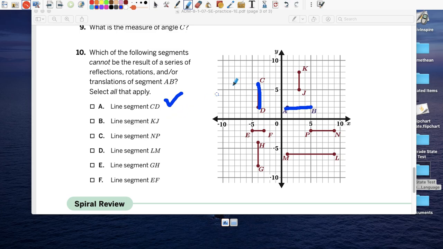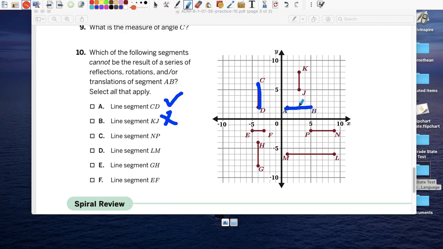Line segment KJ. Look at KJ. KJ is shorter than AB, so there's no way AB can become KJ through reflection, rotation, and translation. So this one is no. NP is right here. It's 1, 2, 3, 4 units long.